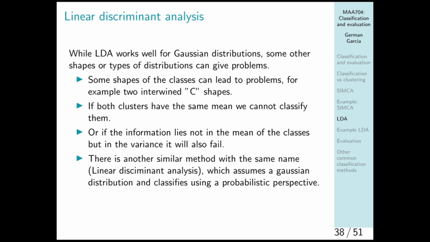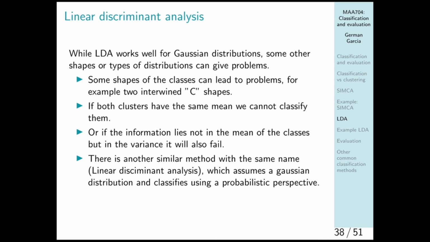If both clusters have the same mean, you cannot classify them because Fisher's linear discriminant is 0. Now, if the information lies in the variances instead of in the class, it will also fail, which means we are assuming homoscedasticity, in a kind of subrepetition way there.